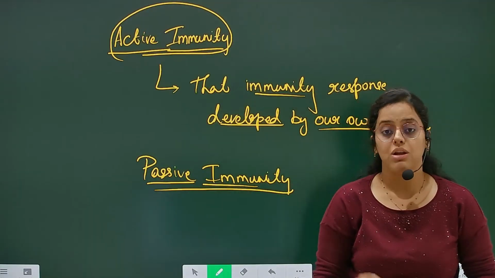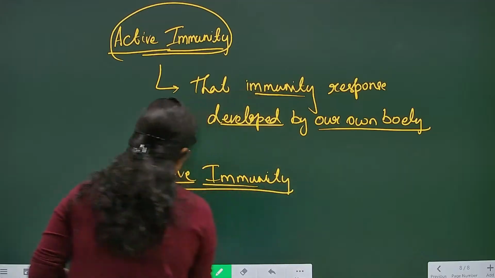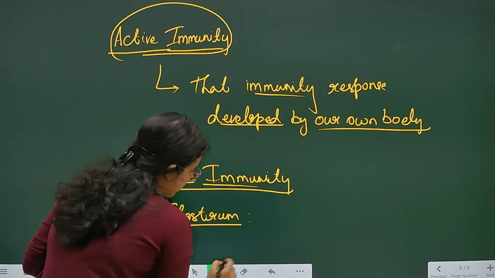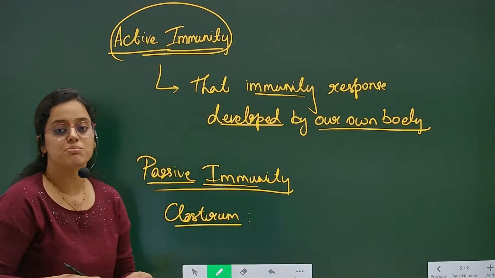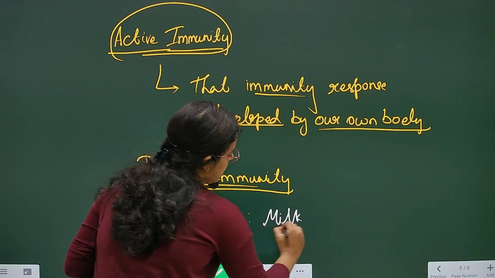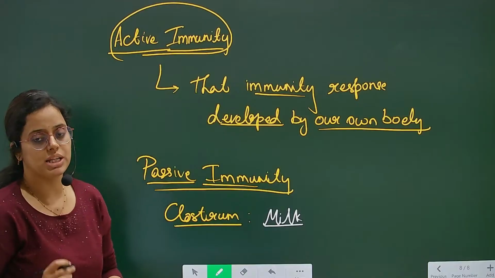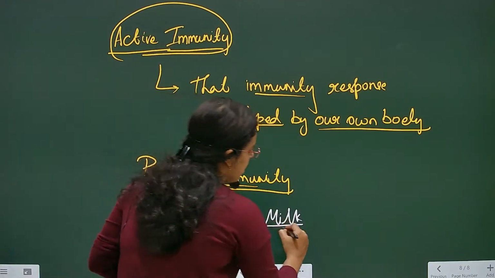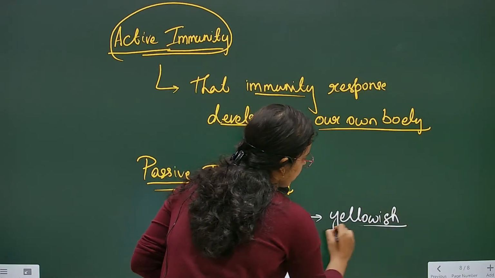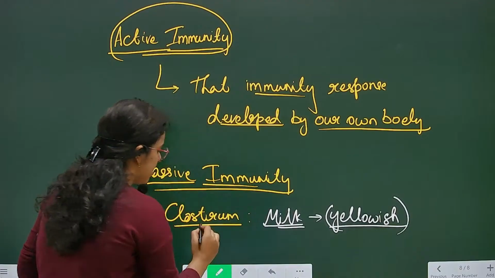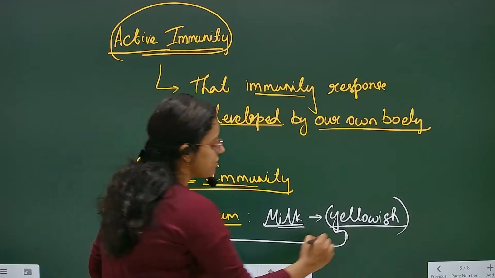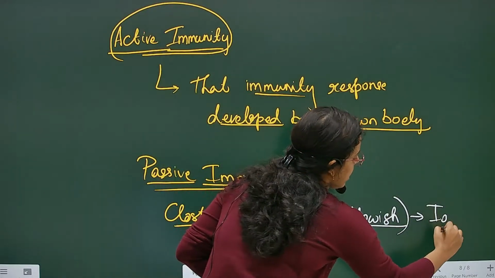For example, colostrum. What do you understand by colostrum? When a mother gives birth to a child, the first milk that comes from the breast of the mother is yellowish in color. This yellowish first milk is called colostrum, which consists of IgA antibody.